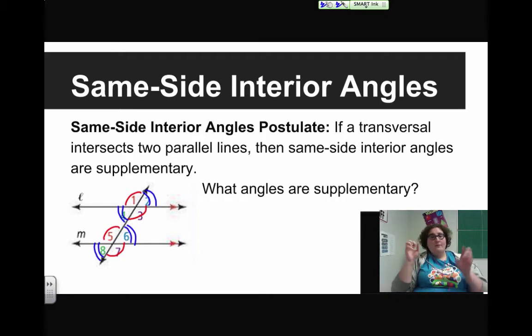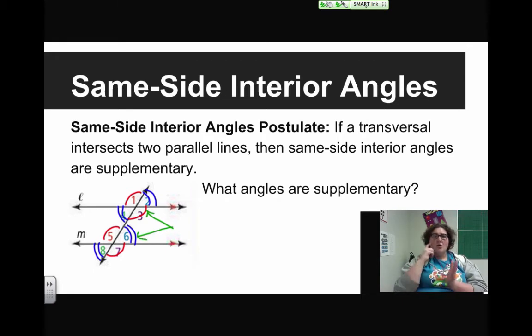But now it says same side interior angles. If a transversal intersects two parallel lines, then the same side interior angles are supplementary. This is obviously true if we look at our same side interior angles, that's these guys.